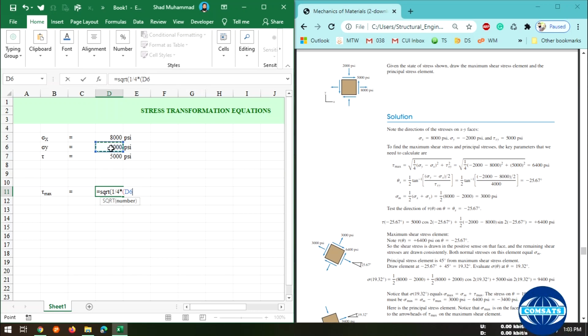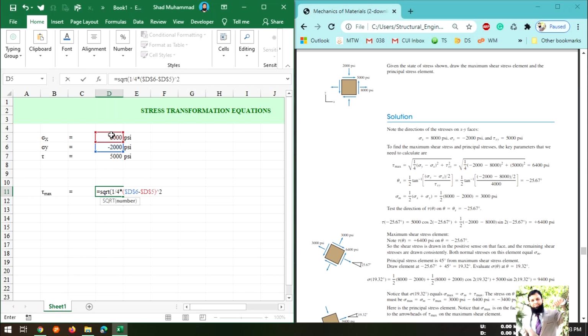Press F4 is better. Press F4 and minus, select this one, press F4, and this one and bracket, and for raised to power you are going to write shift and 6 button.